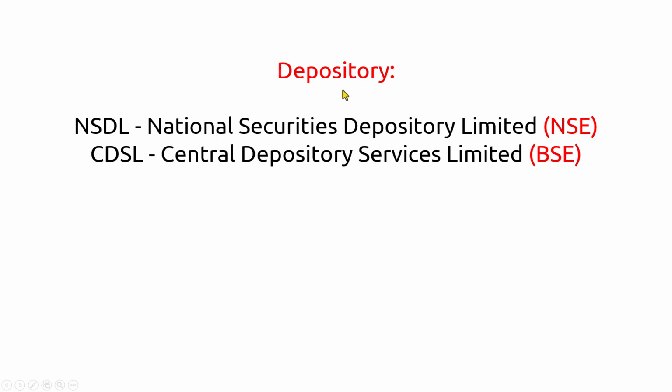One is NSDL, which is promoted by NSE, and the other is CDSL, which is promoted by BSE. And both depositories are controlled by SEBI. Okay. Now, what do these do? We will learn later.